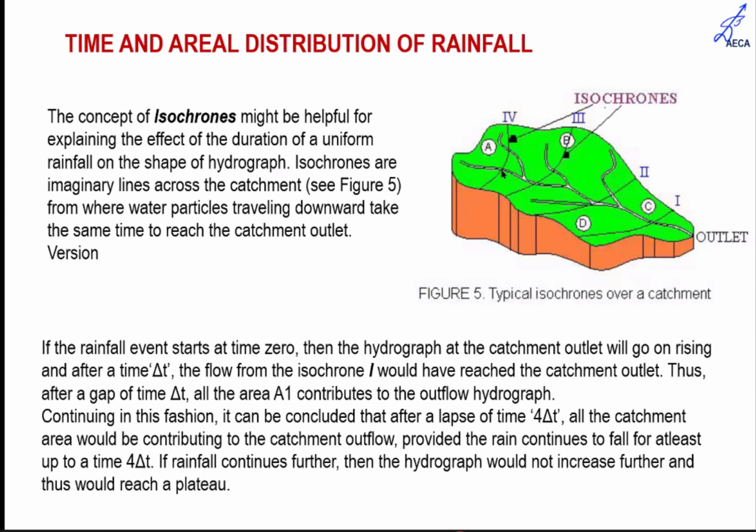So for a particular rainfall event starting at 0, when the hydrograph at the catchment outlet goes on rising, after a time delta t, one isochrone would have been filled up. Then after delta t, your A1 is contributing. Similarly, in 4 delta t, all the catchments would have contributed, and further than that, the hydrograph would reach a plateau.